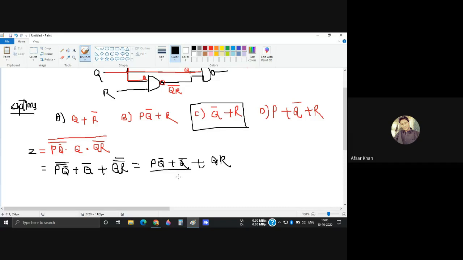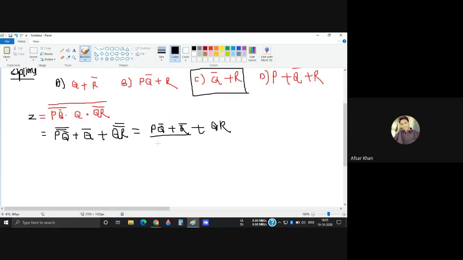Here we can take Q bar common, so it will remain P plus 1, plus QR. P plus 1 is nothing but 1, because any variable ORed with 1 means 1. So finally we will get QR bar plus QR.